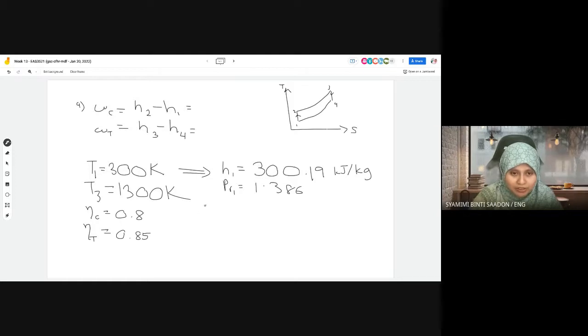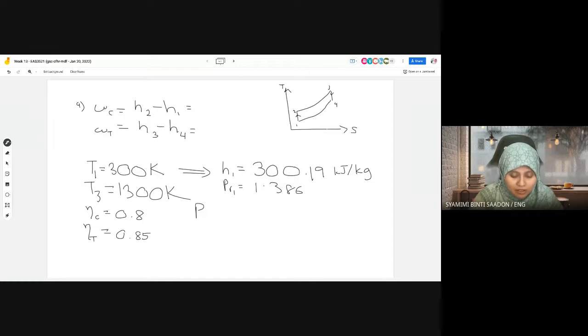So this has no unit. We have this enthalpy, and we want to search for temperature, and then we can get the H2 using the same table.